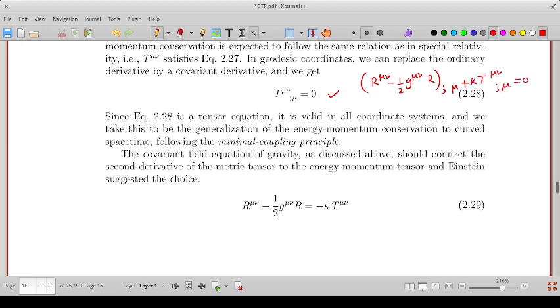Even if we multiply it by a constant quantity, say k, this is still 0, and therefore taking the sum of these two is again 0. But the covariant derivative is linear, and therefore we may write this as (R^μν minus half g^μν R plus k T^μν)_;μ equal to 0.